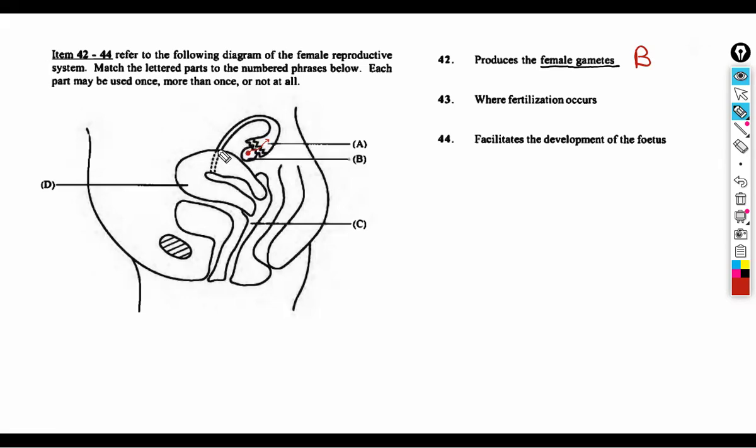The sperm is going to swim up this tube and meet the egg. And of course, when the two of them meet in that area and fuse, you call that fertilization. So that seems to be happening in what? Area A, right?